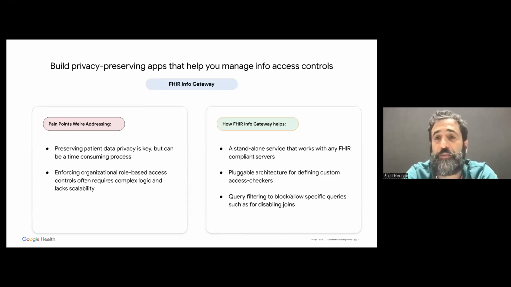So it makes it possible to do that in a way that is effectively agnostic to the FHIR server. It's not baked into the FHIR server. It's actually a standalone component, which has advantages, right? And because of its architecture, it can be adapted to different settings based on the needs of implementers.